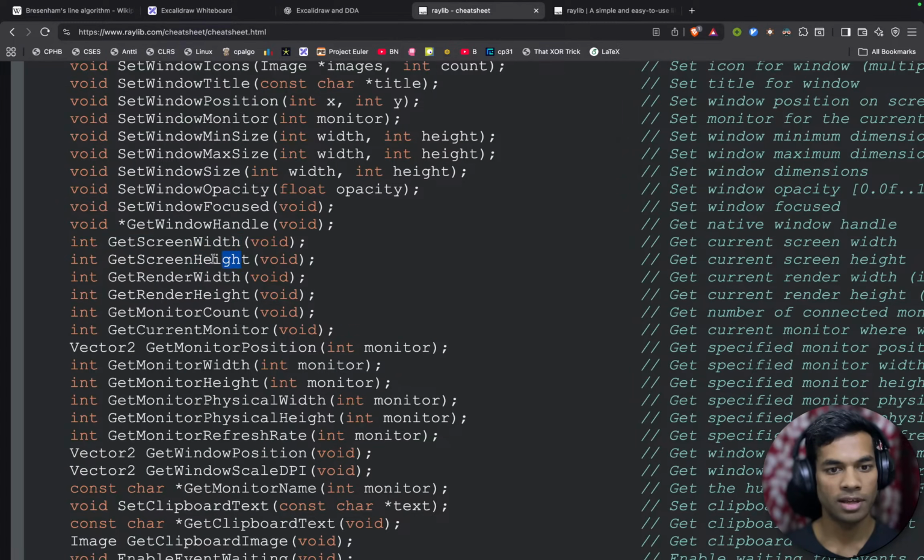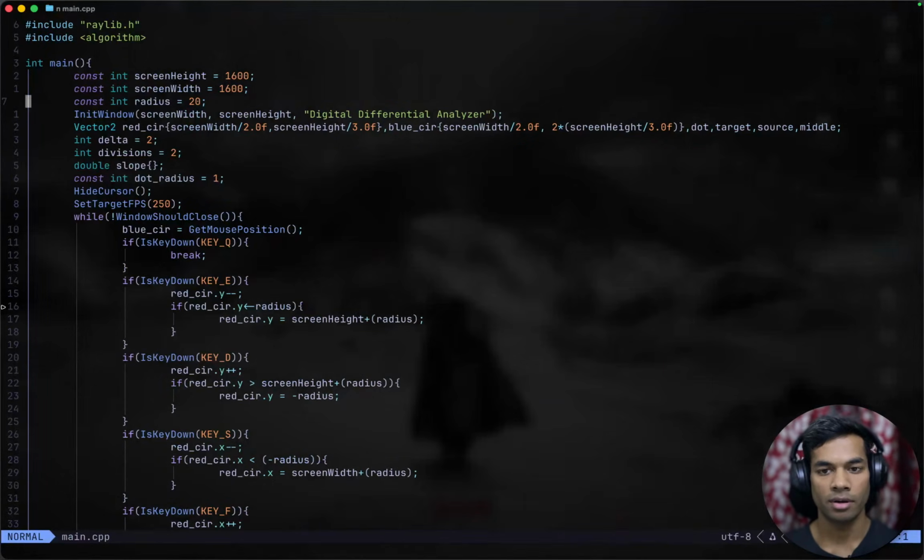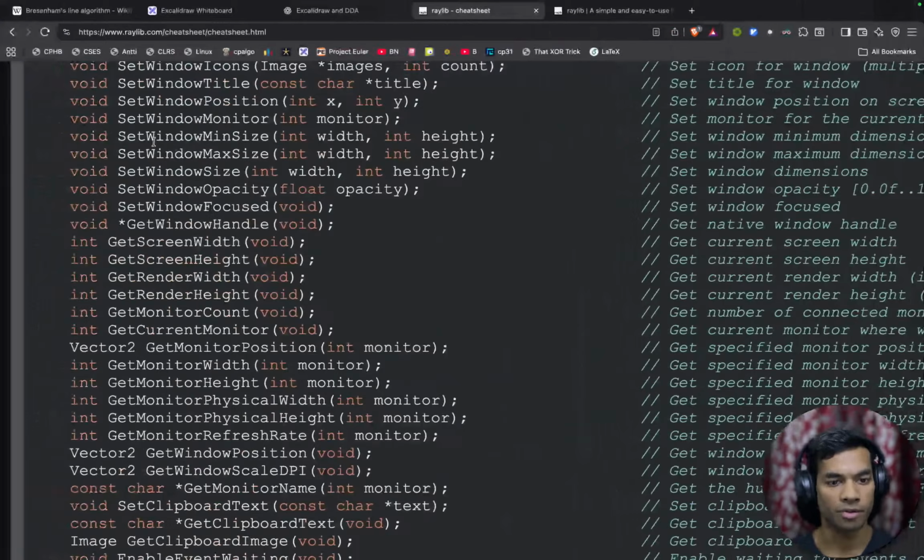So this will initially give us 0 because nothing is opened, and we want the size of the monitor that we are watching this on before calling the init window function.